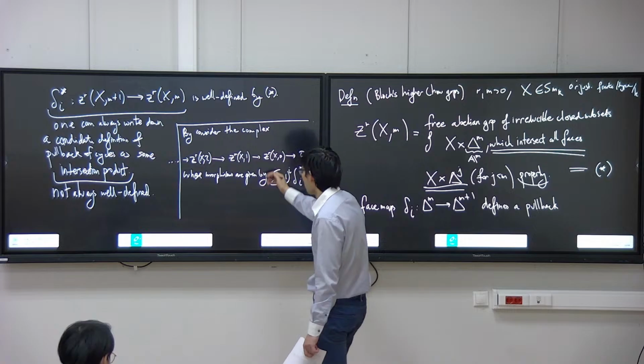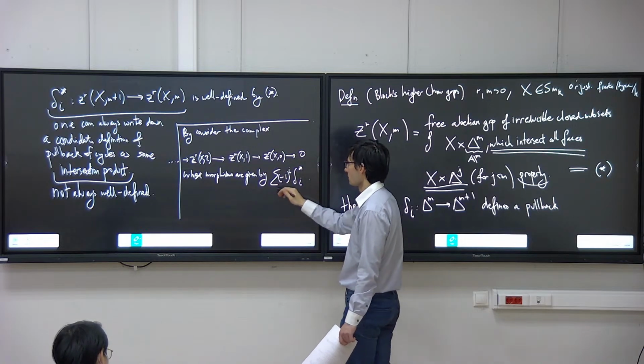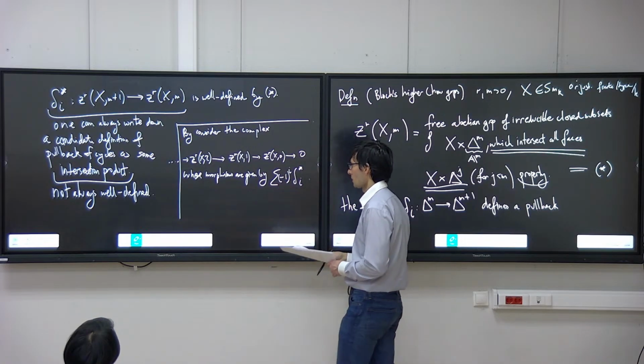This is a complex because I've made the morphisms this alternating sum. One needs to check this.